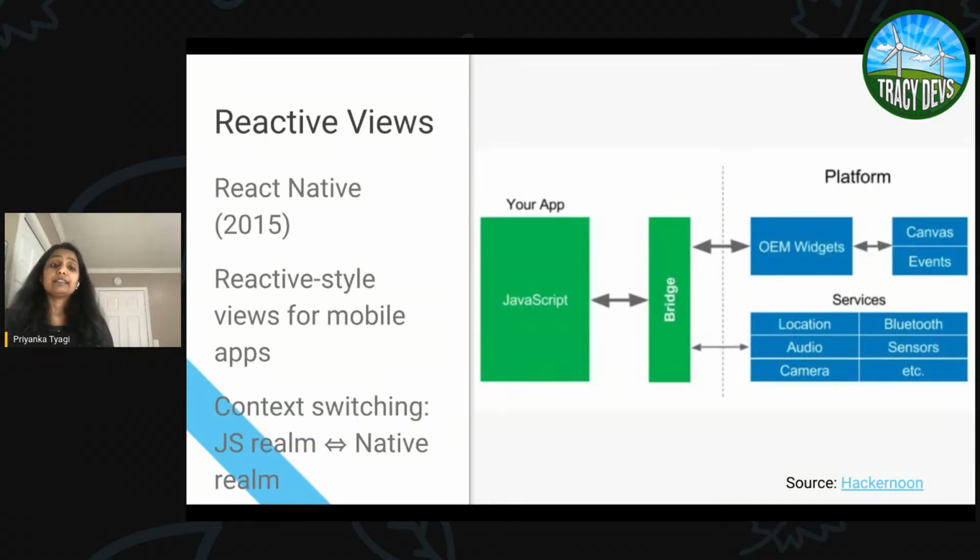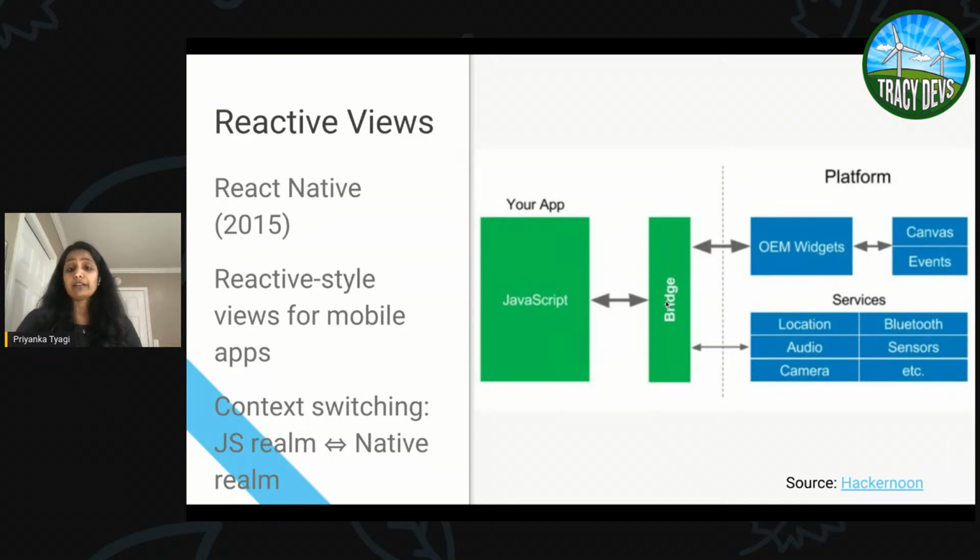Now, the better version of it is the reactive views and React Native, as you might have heard of. These are based on reactive style views for mobile applications. In this version of the cross-platform solution, the app is still written in JavaScript. However, there are no web views.